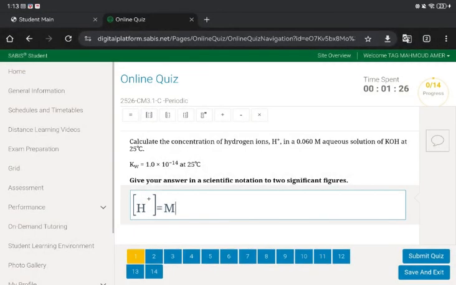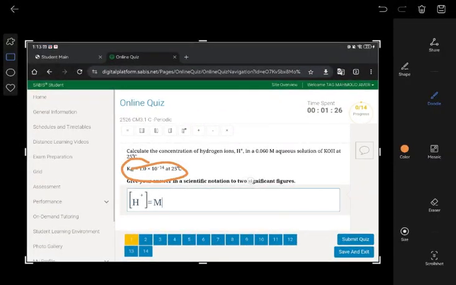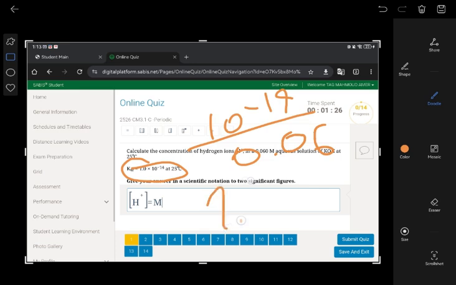And always, at least in the quiz, KW is given to you. So it's 10 to the negative 14 divided by 0.06. So the answer is 1.7 times 10 to the negative 13.